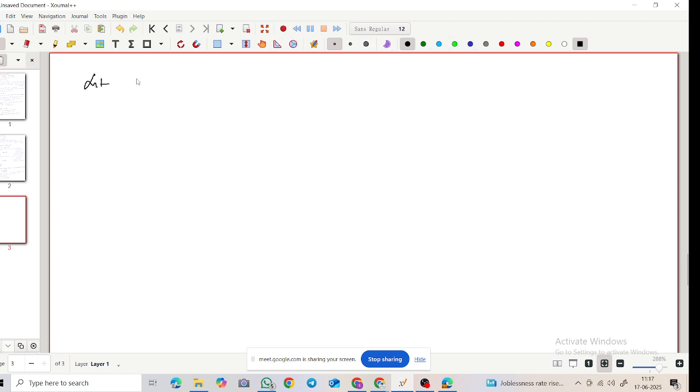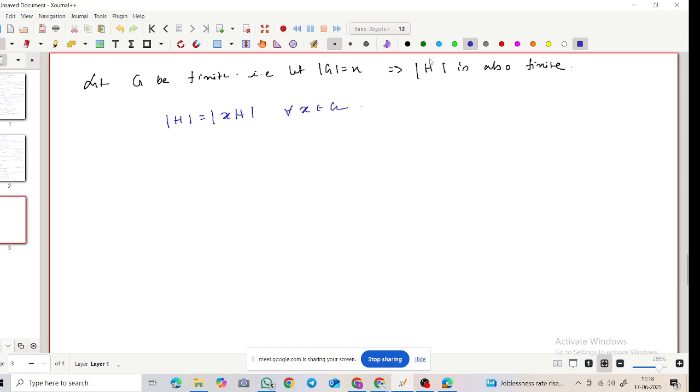Let G be finite, that is, let mod G equal n. Then of course mod H is also finite. And from the previous note, the cardinalities of the cosets are the same.